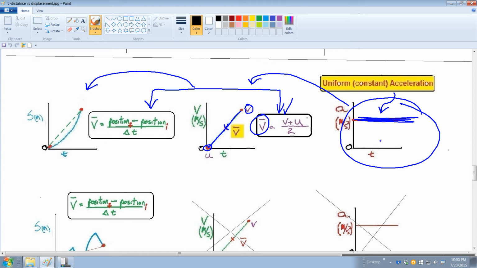With positive constant acceleration, you get a parabolic curve. So you can take the final and the initial displacement, and draw basically a secant line, and that will also give you the average velocity.